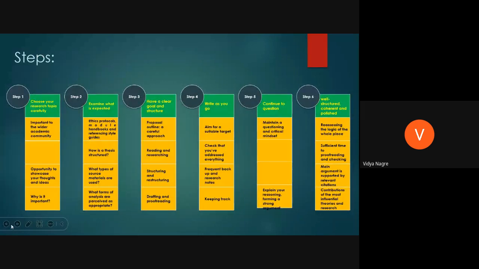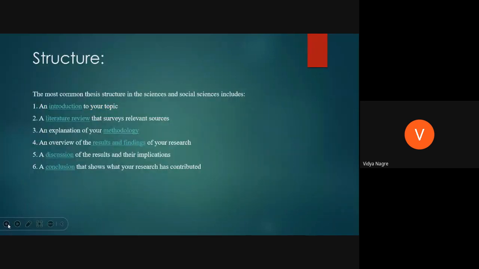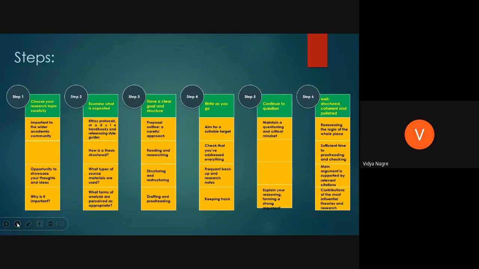Very important is that you understand why it is important to work on this area, because contribution has to happen. You should always ask this question whenever you finalize a topic: why is it important to work on this topic?